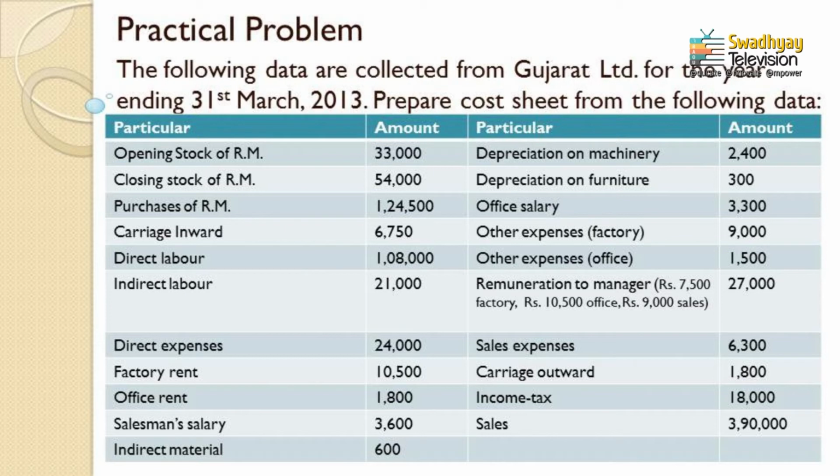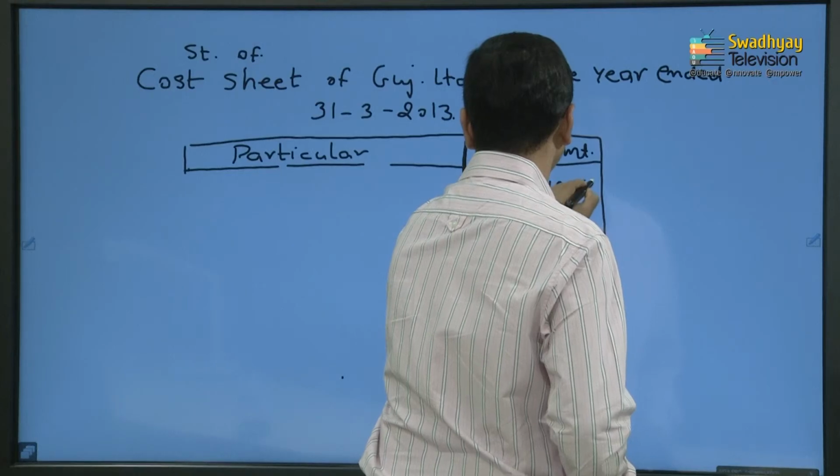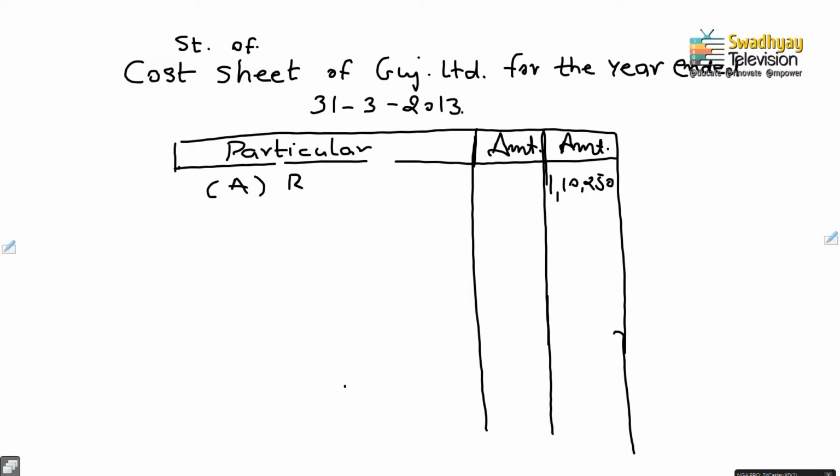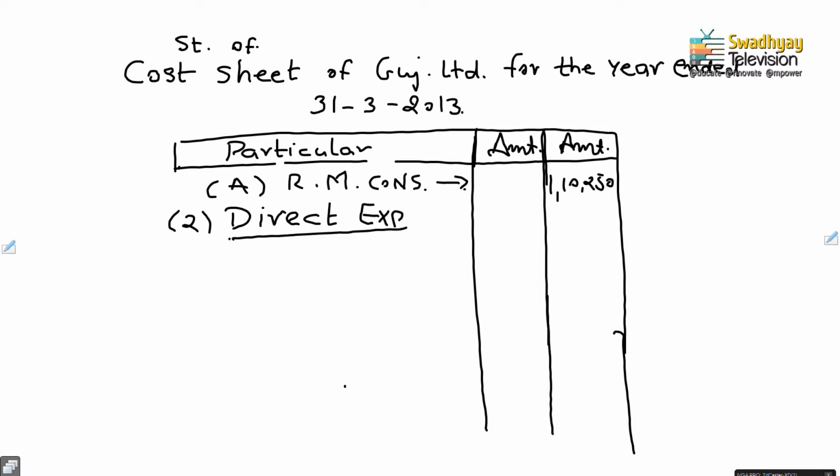As we already found, the 1,10,250 rupees is raw material consumed, your first answer. Under this we will add the second item, that is direct expenses. We will find out the direct expenses one by one.